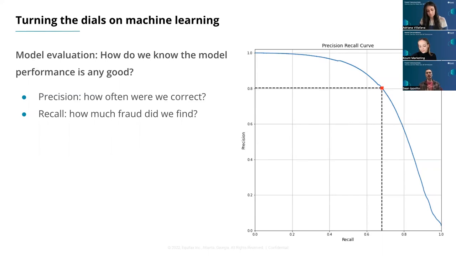is how often were we right or wrong? Now, in the case of when most of the traffic is really, really good, it's not necessarily a good metric. For example, if we had 99% of the time good transactions and 1% of the time bad transactions, and then we just guessed that every single transaction was good, we would be 99% accurate.